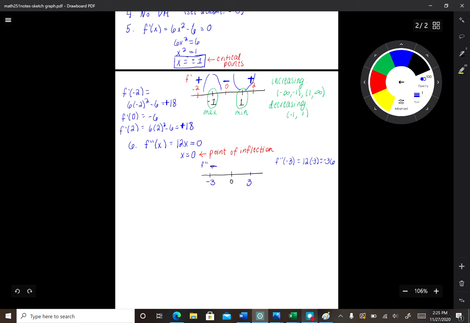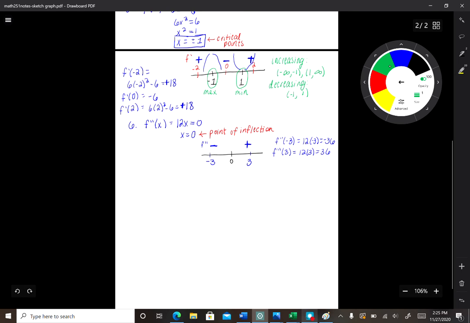That means that we are concave down here, and f double prime of +3 is 12 times +3, which is +36. So we are positive here. So this tells us that 0 is in fact a point of inflection since we change concavity. And this tells us that we are concave up from 0 to infinity, and concave down from -infinity to 0.